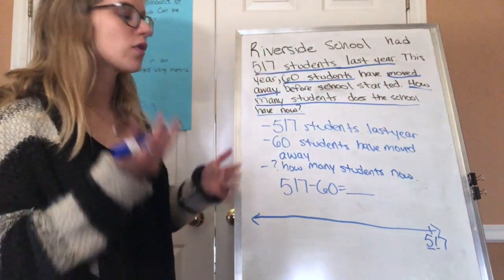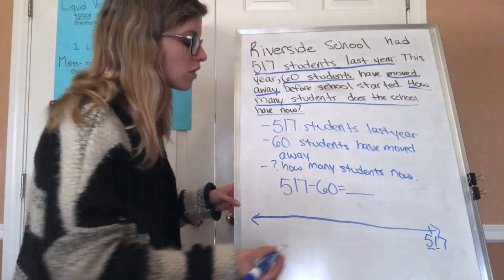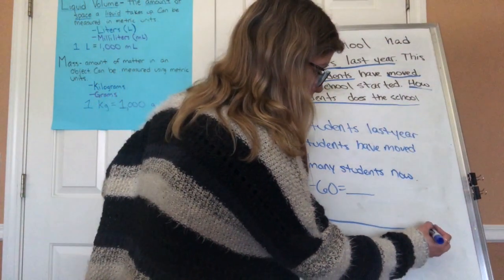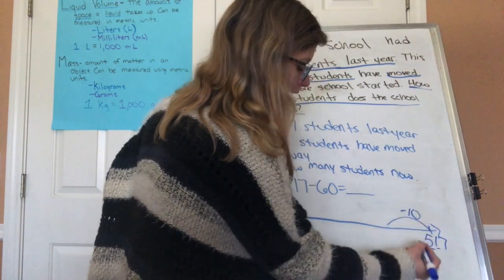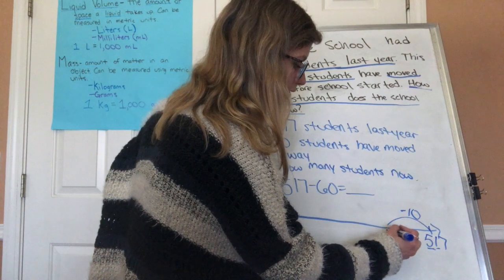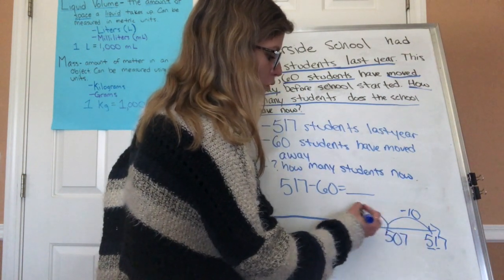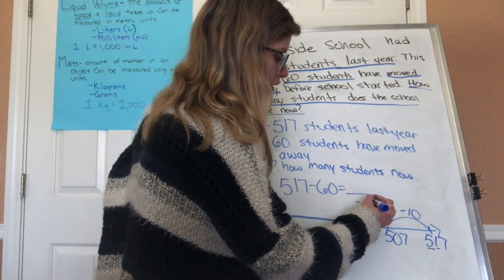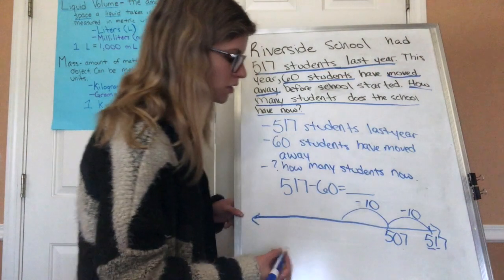And sometimes it's hard for us to figure out how many we're taking away from the hundreds place. So first I'll take away 10 to get to 507. And now I'm going to take away another 10. But sometimes it's hard for us to figure out.